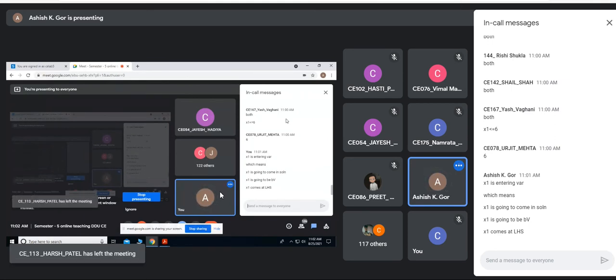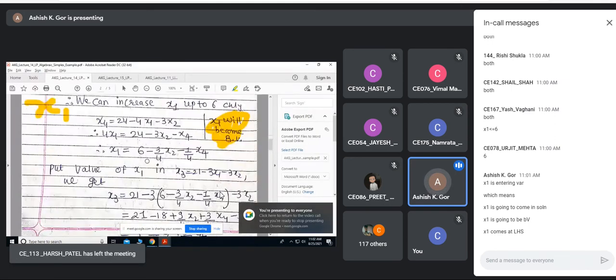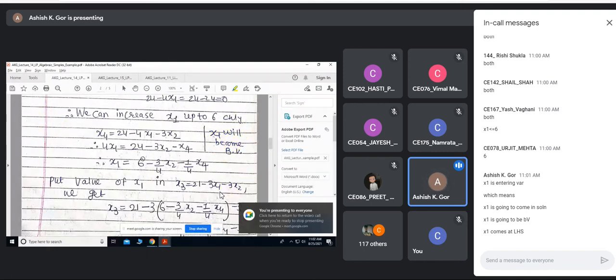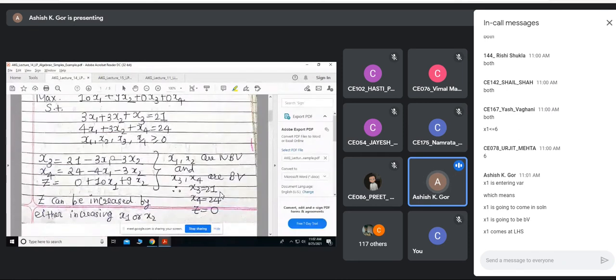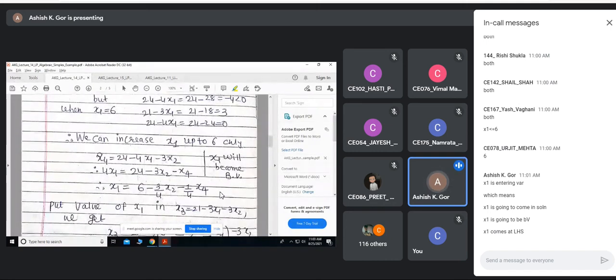Okay, so for that purpose, you find out which equation gives you the 6 value. This equation gave me the 6 value, right? x4 equal to 24 minus 4x1 minus 3x2. Earlier, the first equation gave me the 7 value, which is not allowed, right? So I take this equation, x4 equal to 24 minus 4x1 minus 3x2. This equation gave me x1 up to 6.